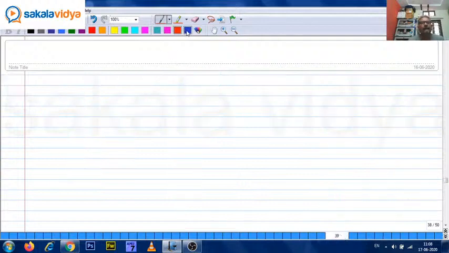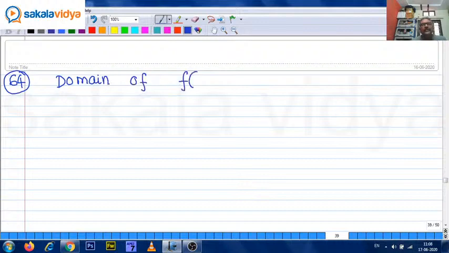64th question. Domain of f of x equals root of log x to the base a. Here a is greater than 1.